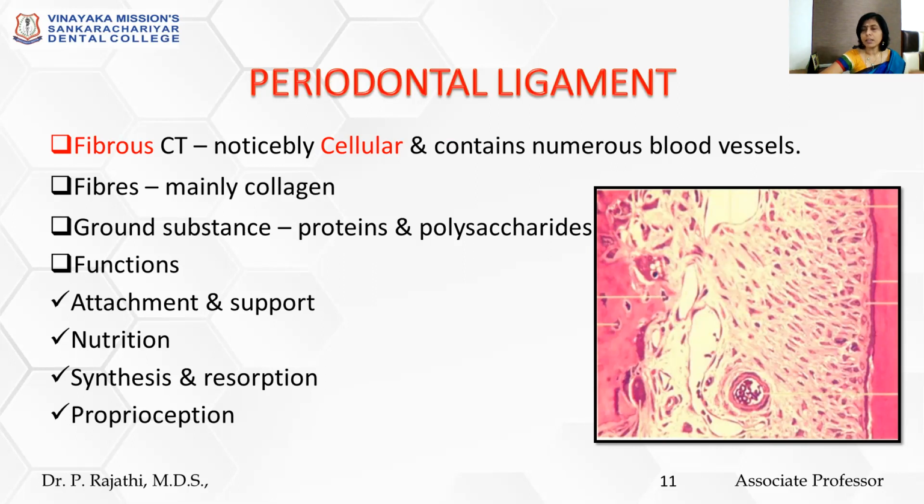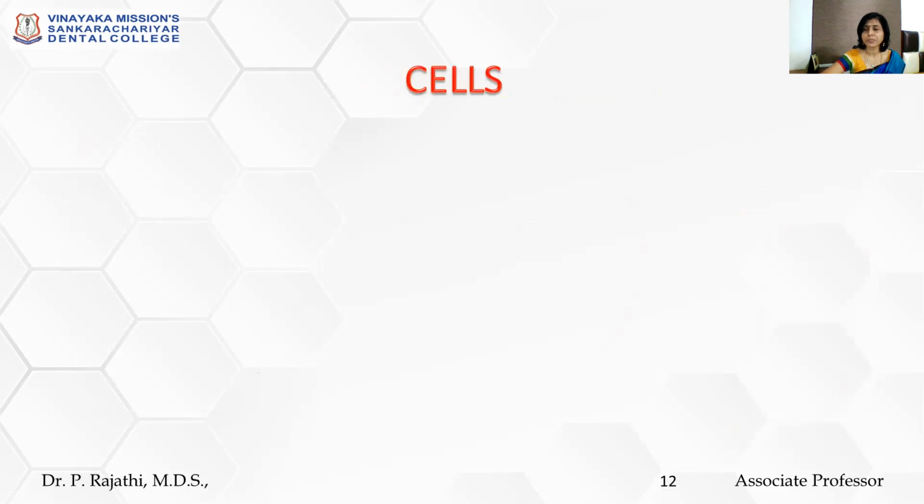Not only attachment and support, it is also going to provide nutrition for the cells of the periodontal ligament, and these cells are going to synthesize and resorb the tissue of the periodontium, that is cementum, bone, and the periodontal ligament fibers. And also proprioception. So the periodontal ligament functions are attachment and support, nutrition, synthesis and resorption, and proprioception.